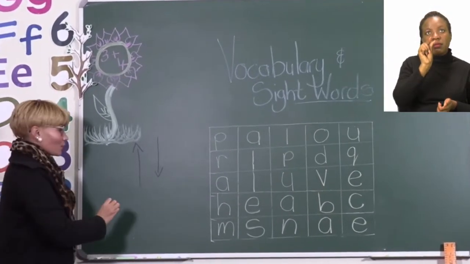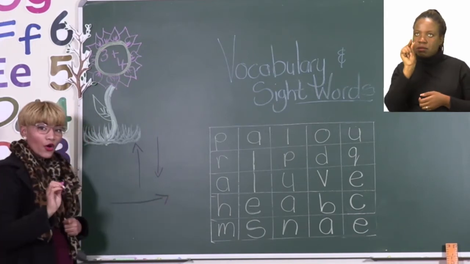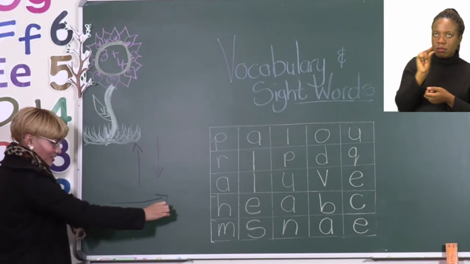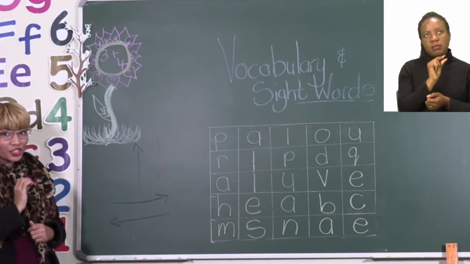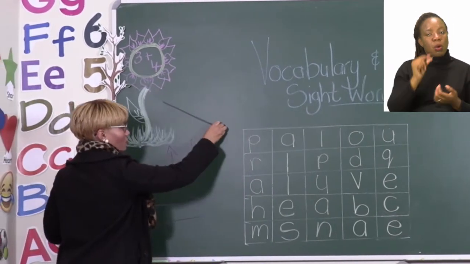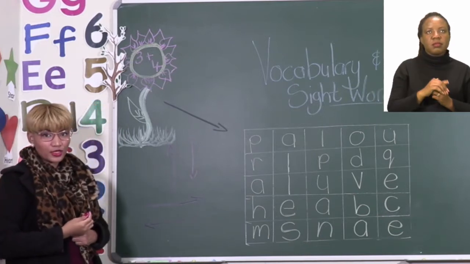You can find your words from left to right, or you can also find your words from right to left. And in this word search, you can even find your words across the word search or the blocks.